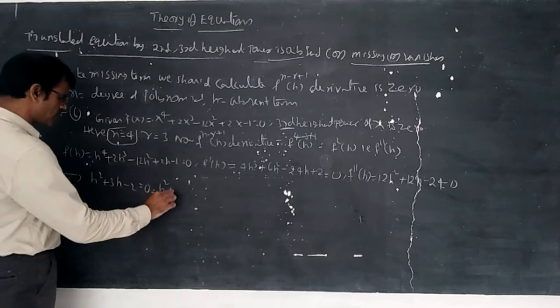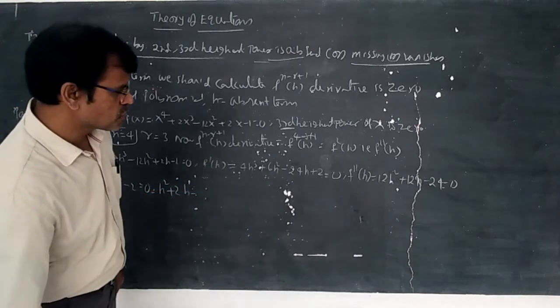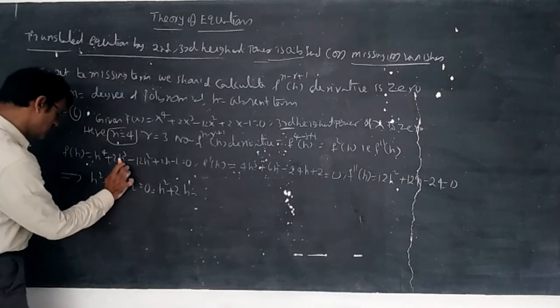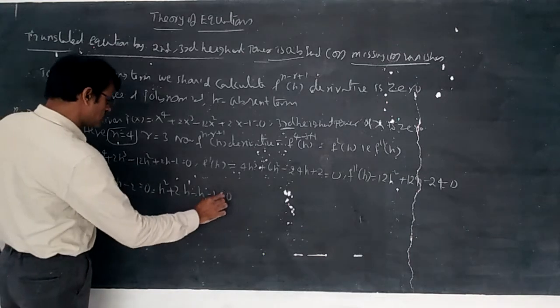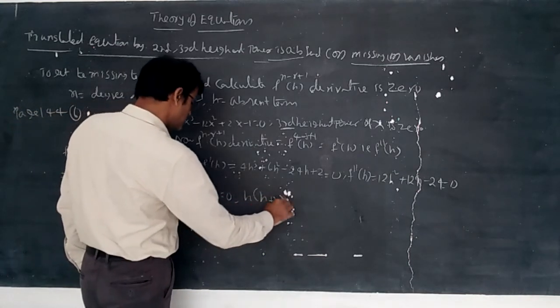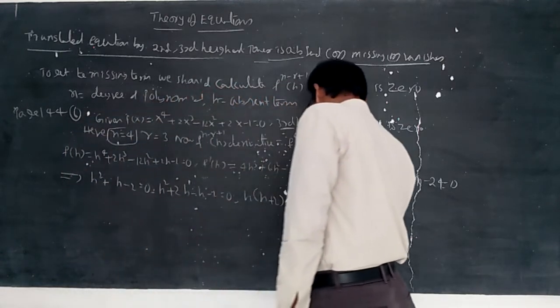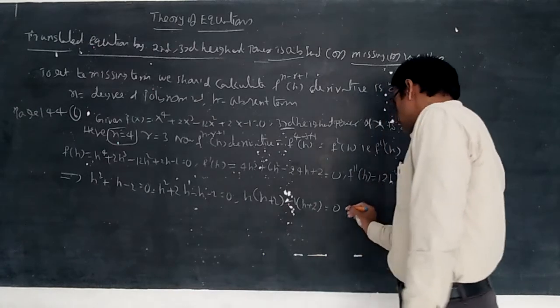So h square plus 2h minus h minus 2 equal to 0. Taking common, h plus 2 and minus 1 taken common h plus 2 equal to 0.